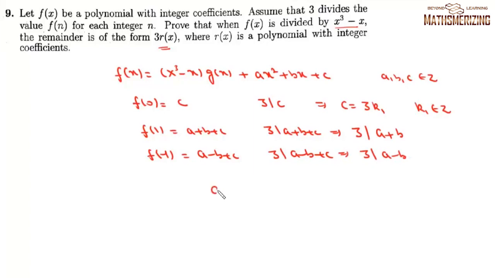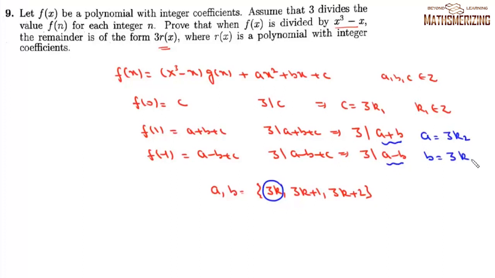Now a and b can be of the form either 3k or 3k+1 or 3k+2. Now 3 divides both a + b and a - b if and only if both are of the form 3k. So that means this a must be some 3k2, and this b must be some 3k3.